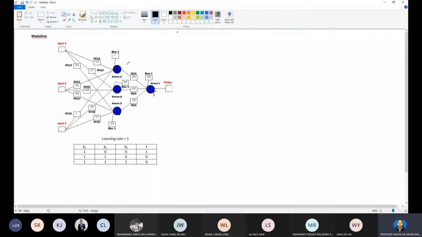For the middle line, first you have to calculate S. Maybe I can draw here so you can make sure it is correct. S1 has 0.4, 0.6 and 1, and this is for output Y1. Then S2 has 0.7, 0.8, 0.9, output Y2.